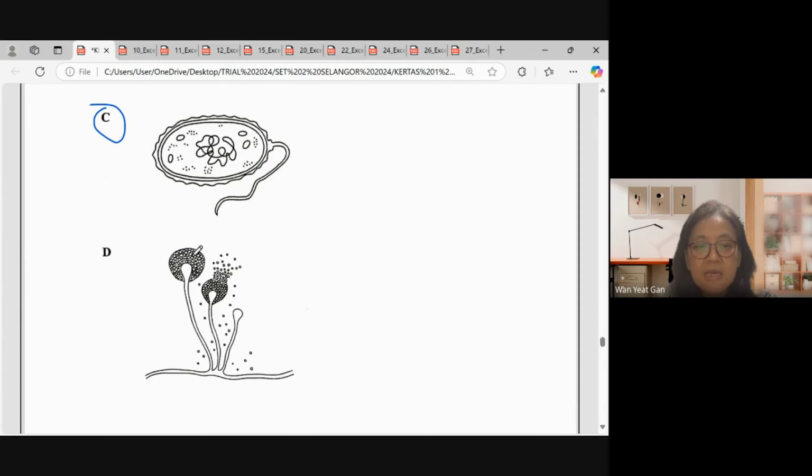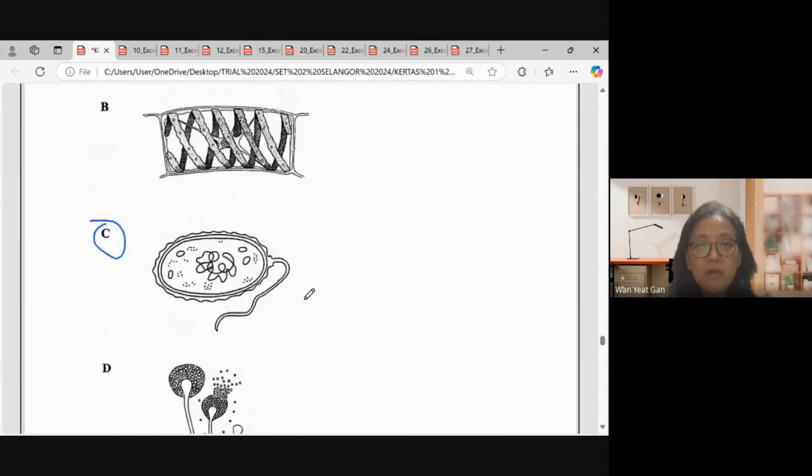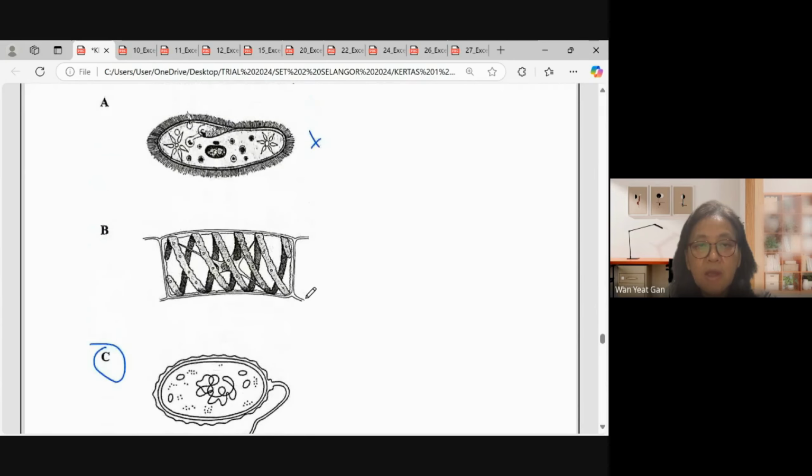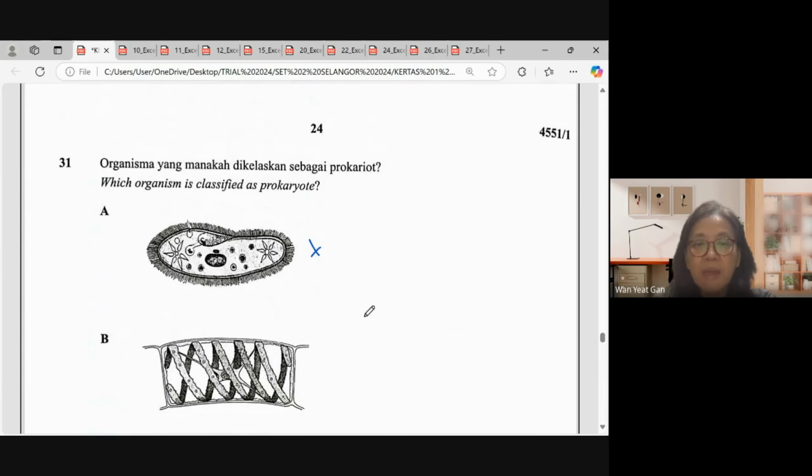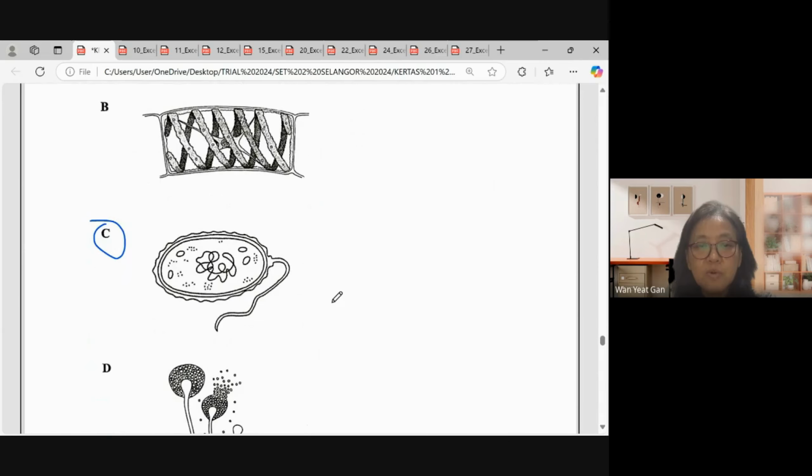And D is fungi. A prokaryote is an organism that lacks membrane-bound organelles. They don't have a nuclear membrane to contain the chromosome.